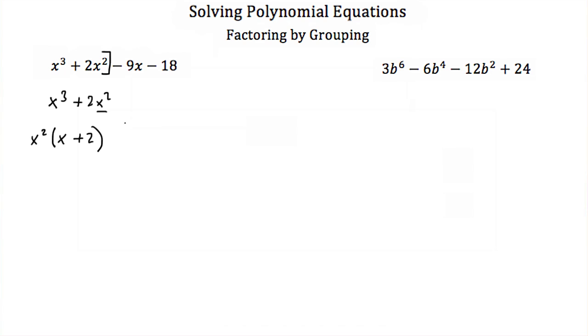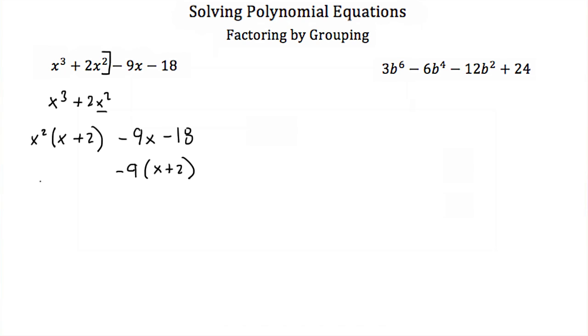Now let's look at our second two terms. We have a minus 9x minus 18. These two are grouped together, and I need to find a common factor to take out of these. Well, if I take out a negative 9, I'll be left with negative 9 times x plus 2.